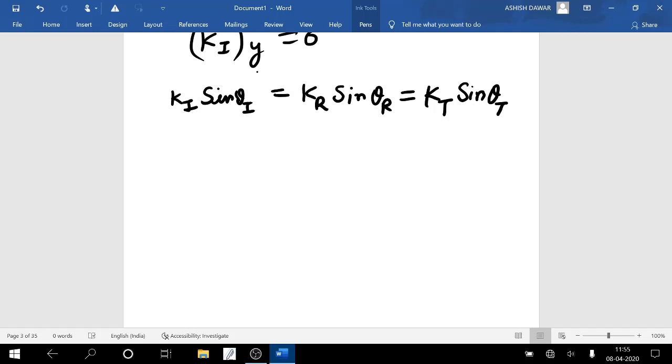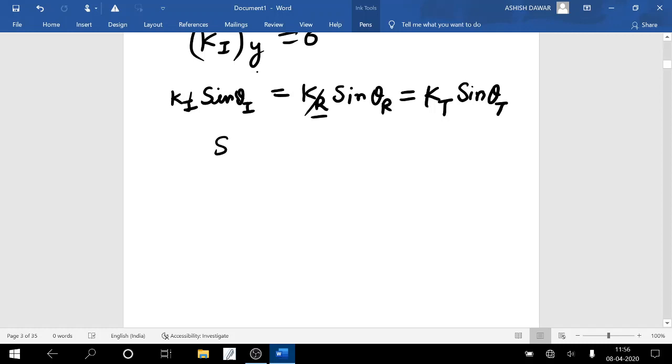In the second law, the angle of incidence is equal to the angle of reflection. Previously we have written that k_i equals k_r.